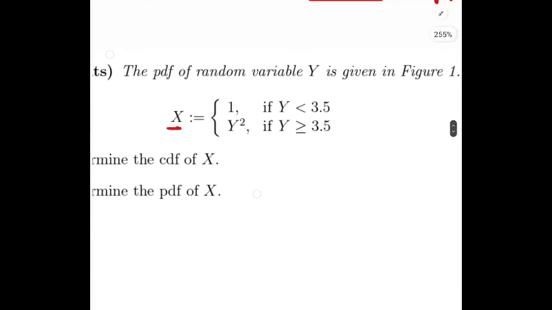So x is defined as 1 if the value of the random variable y falls below 3.5, and x is equal to y squared in case y falls above or equal to 3.5.